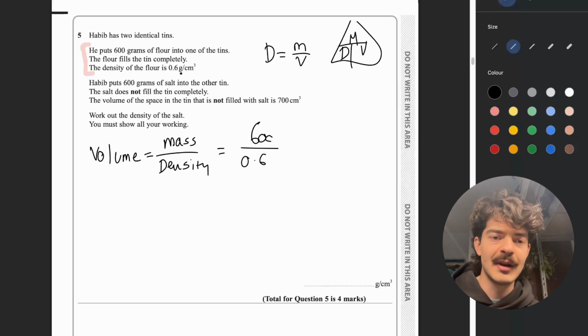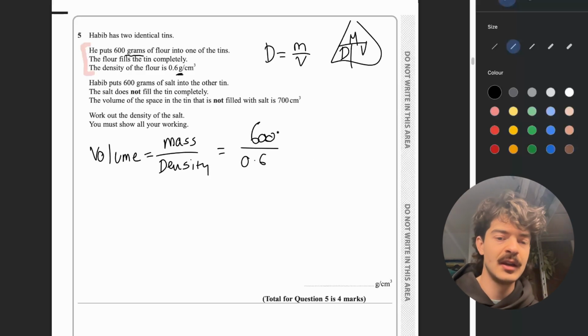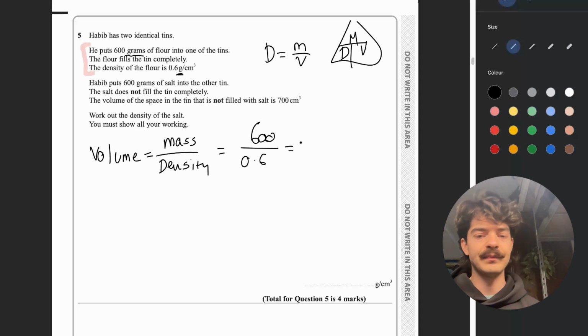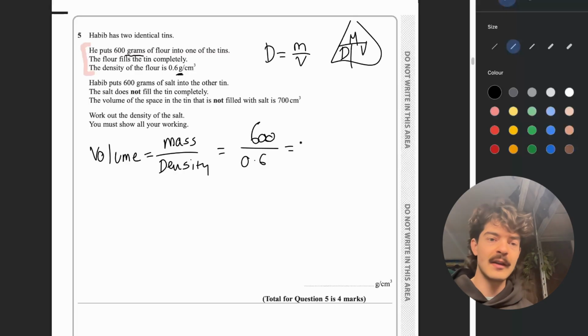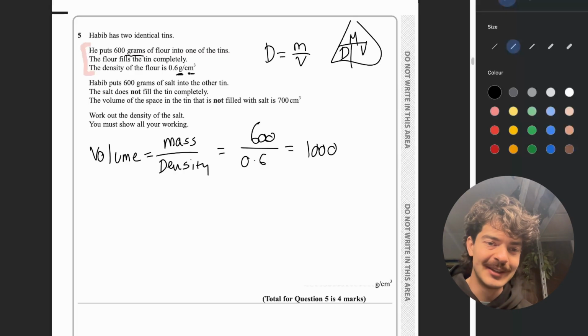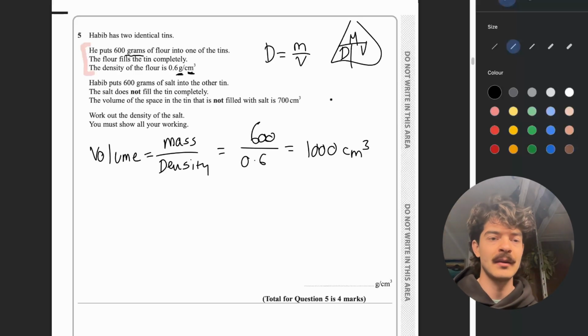And notice, we're allowed to do this because our density is in grams per centimetre cubed, and this is in grams as well. Sometimes you might have to change units here. So that's going to give us 600 divided by 0.6, giving us 1,000. 1,000 what? Well, once again, that's hidden in the units of density, centimetres cubed. Once again, be careful, pay attention to that. If they're not helping you out there, you need to keep an eye on the units.